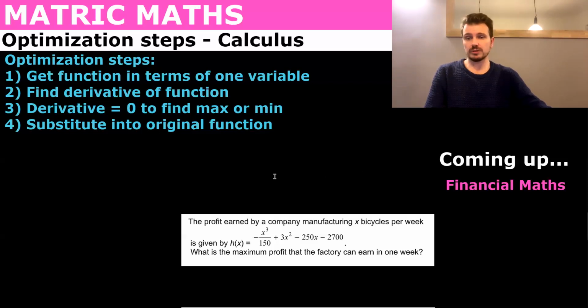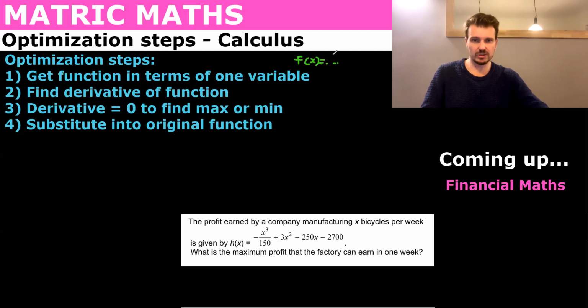So what we do is we follow our steps. The first step is often already done for you, which says get the function in terms of one variable. As I said, if you watched any of the other optimization videos that I've done, and I'll do a few so that we can get used to the different types of questions, a function could be f of x equals something, something, something.